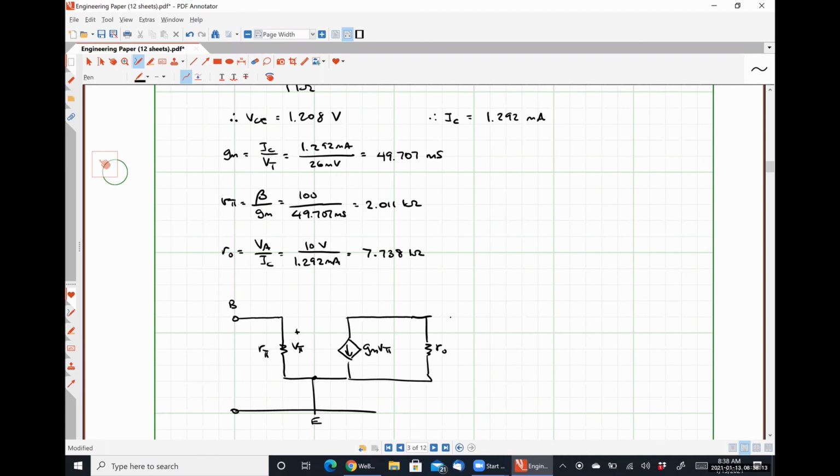Here's r_o. Here is our collector. This is going to be our input voltage. And this was a 1 kilo ohm resistor, and VCE is still our small signal output voltage. So how can we figure out what the voltage gain of this is going to be?